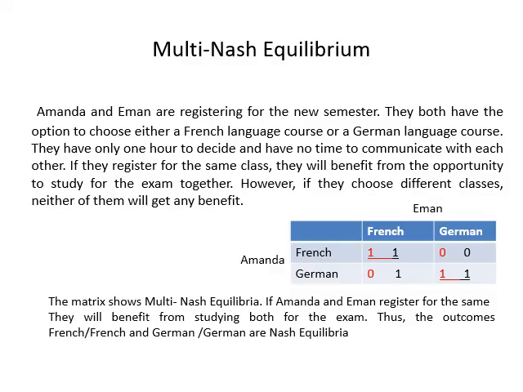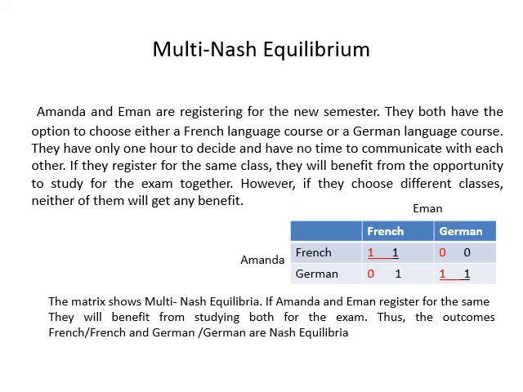Multi-Nash equilibrium. Amanda and Iman are registering for the new semester. They both have the option to choose either a French language course or a German language course.